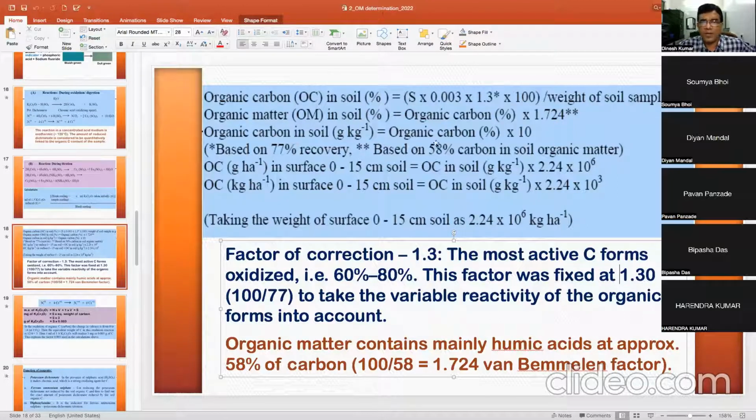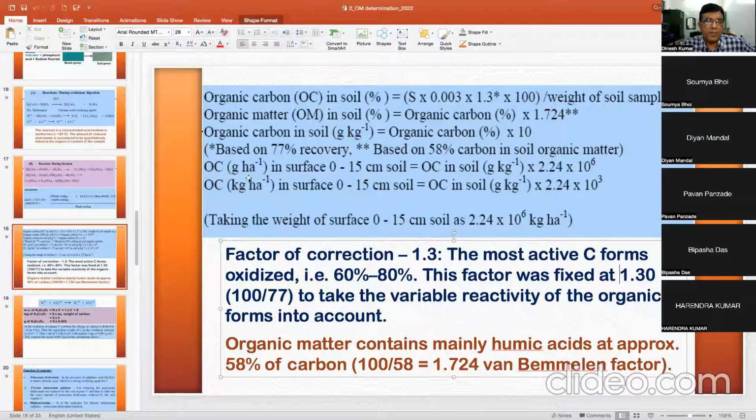These are the formulas developed by our teacher, Dr. Rajendra Prasad. He already made them by some calculations. This is based upon 77% recovery, this is 1.3. And 1.724 is the factor to convert carbon into organic matter, based on 58%.